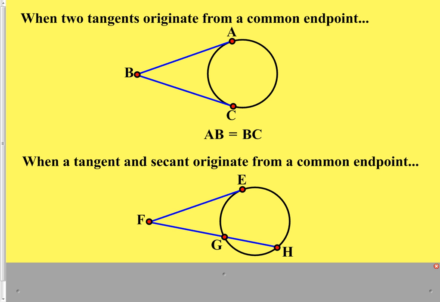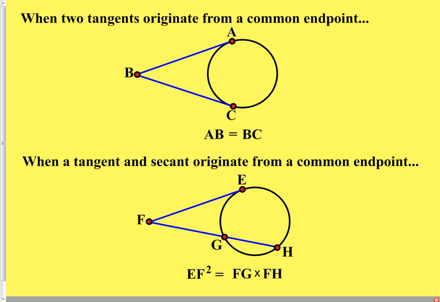Today we're talking about the lengths of the segments. Please notice that the tangent is in one piece from point F to point E. However, the secant is subdivided into the length from F to G, as well as the length from G to H. All 3 of these measurements are going to be important.